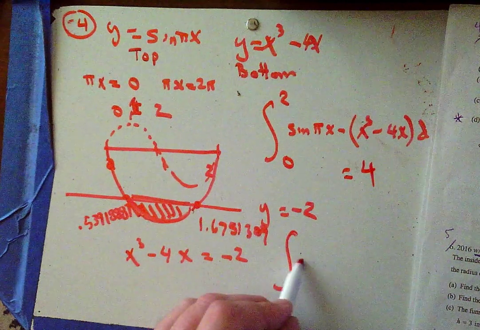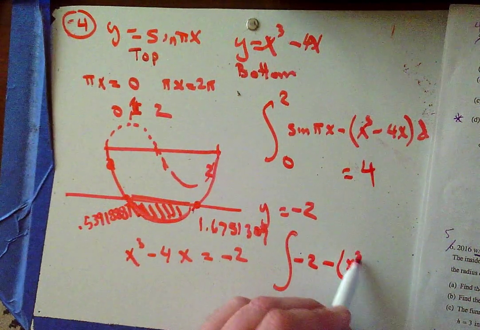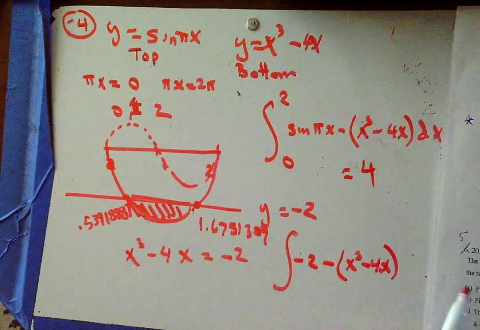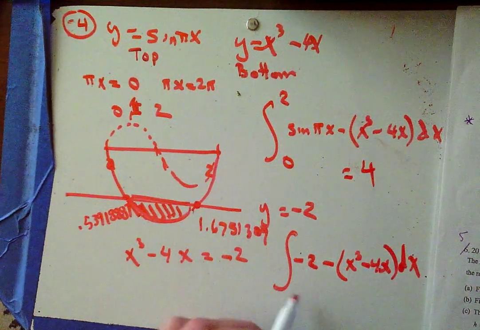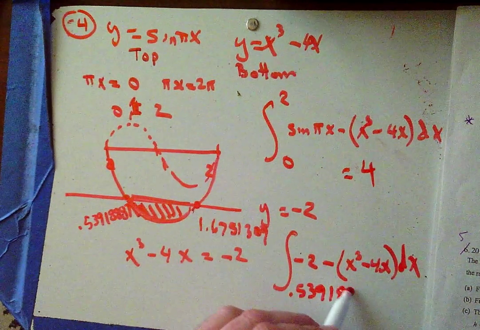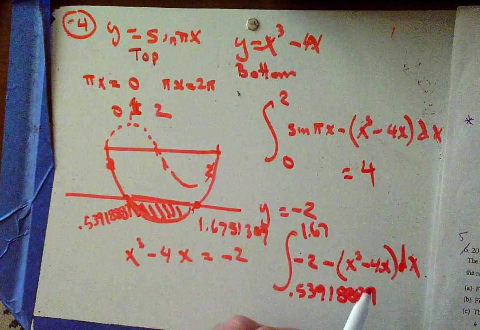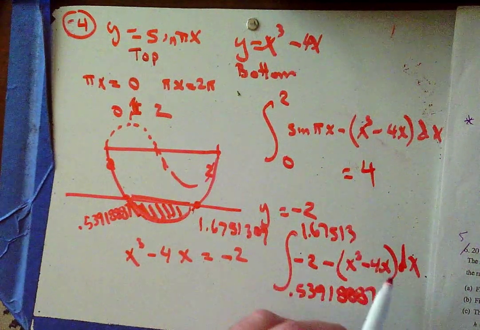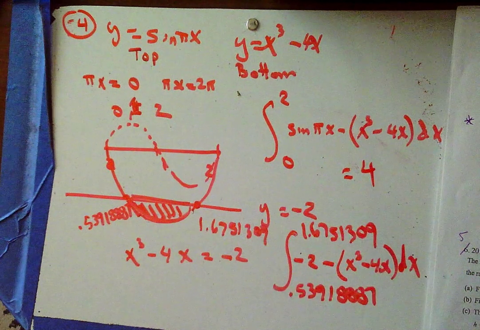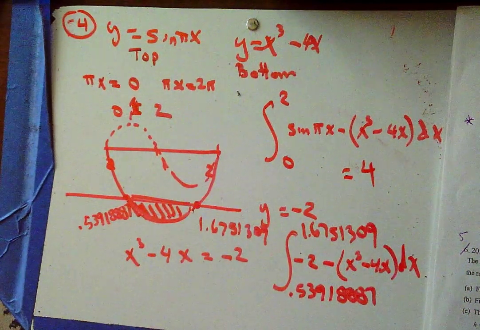So the integral of negative 2 minus parentheses x to the third minus 4x dx from 1.539188887 up to 1.6751309. And I think I was just supposed to write the integral.